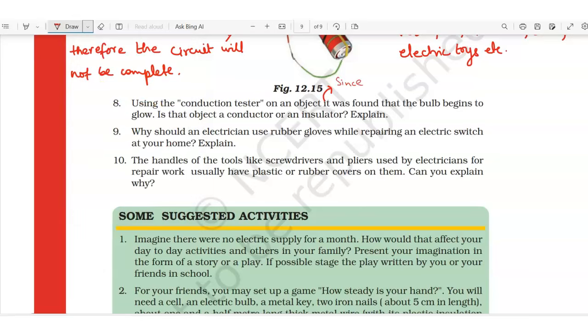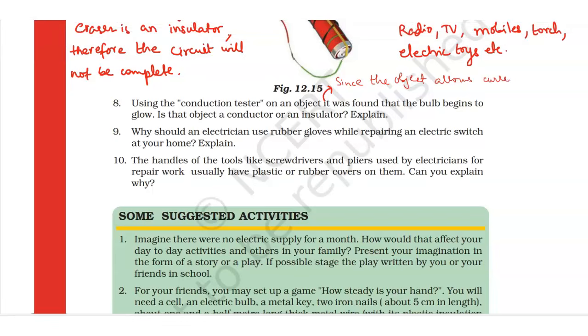Since the object allows current to flow and completes the circuit, making the bulb glow, the object is a conductor.